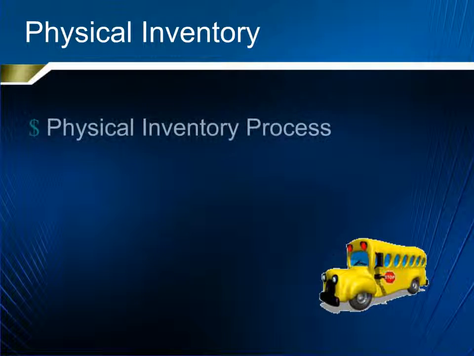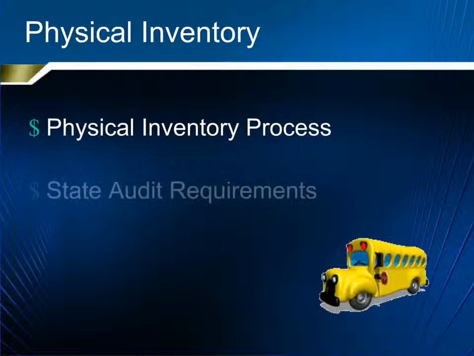Physical inventory means the process of verifying that fixed assets owned by the agency are present in their assigned custody and location. State audit rules require each agency to conduct an annual physical inventory of movable assets and equipment. This is why it's important for each school site and department to keep track of all their equipment in an inventory.